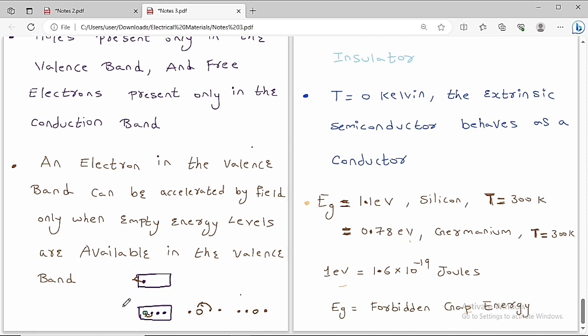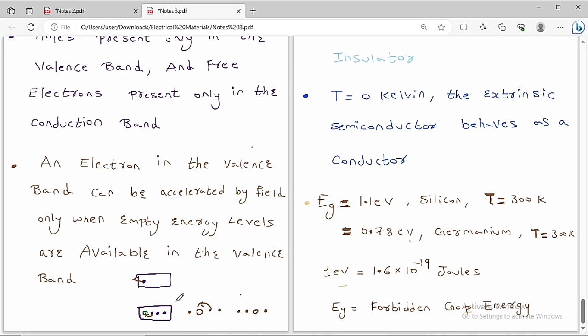Suppose I give the electric field, then this conduction band electron will accelerate, and also this valence band electron will accelerate because it goes from here to here in order to fill this vacancy. When it fills this vacancy, a new vacancy is created here. Again this electron will move from here to here to fill this vacancy, and again a new vacancy is created. So you are going to get it like this.